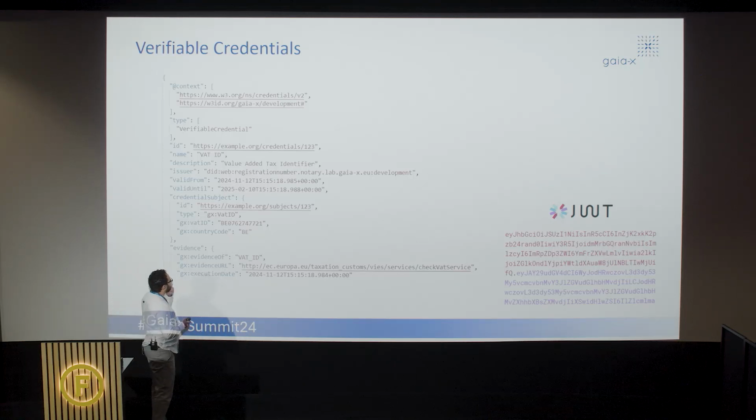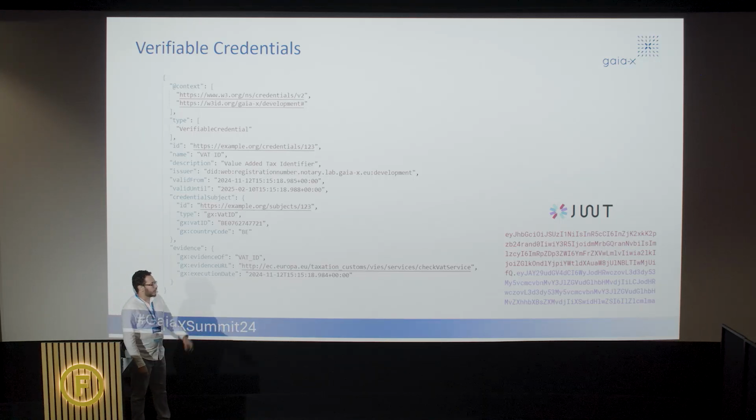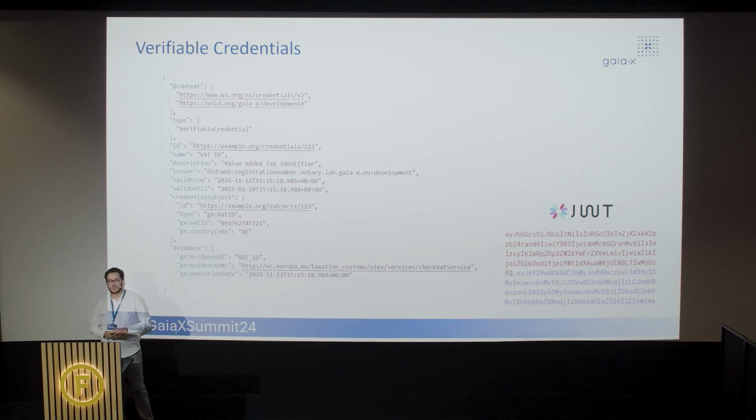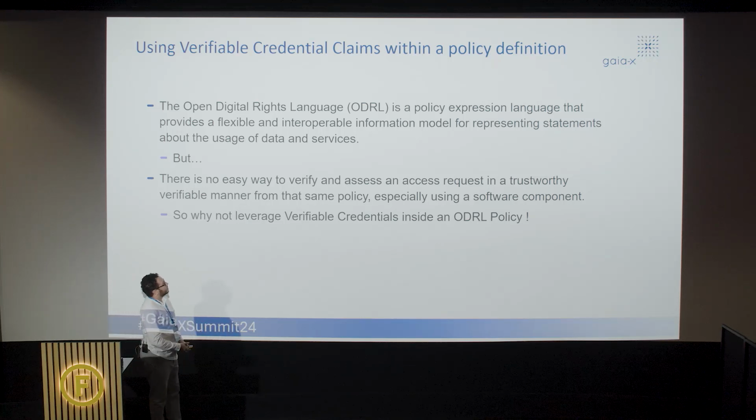This one is of Gaia-X. A quick mention: for LoRa we are now using JWT, but it went into much more detail in Evan's presentation, and if you're interested, that's the way to go. So now, what's the actual link with ODRL?